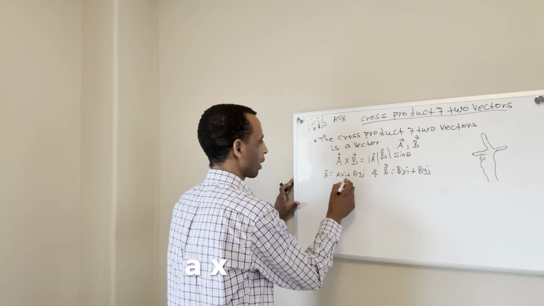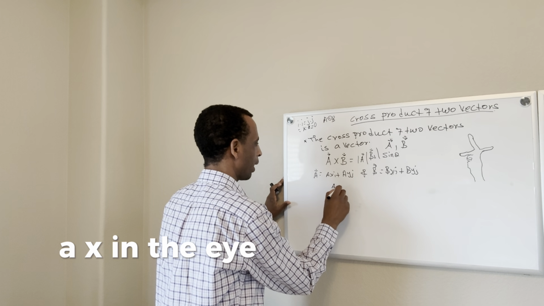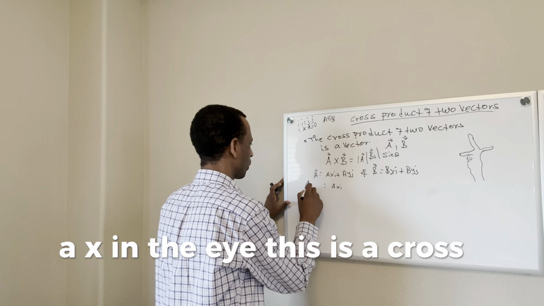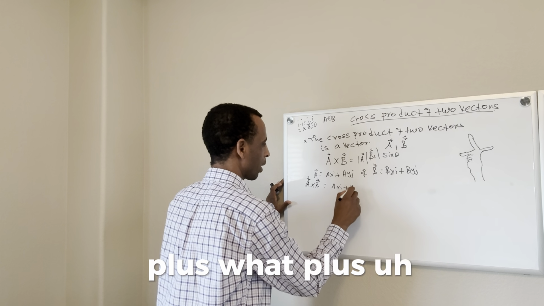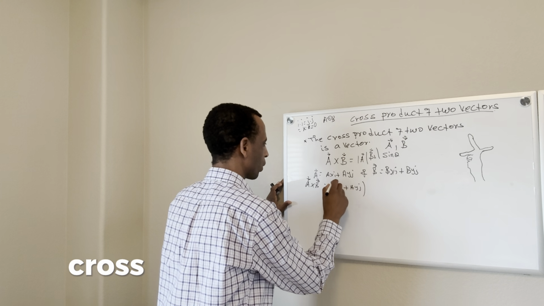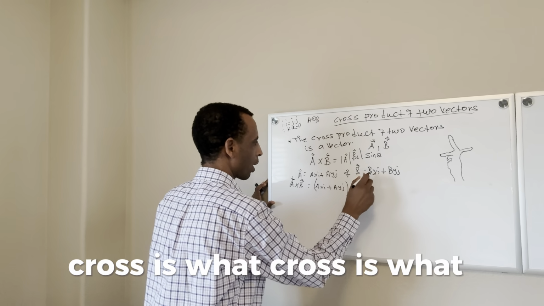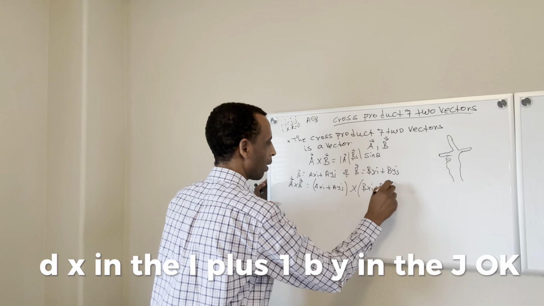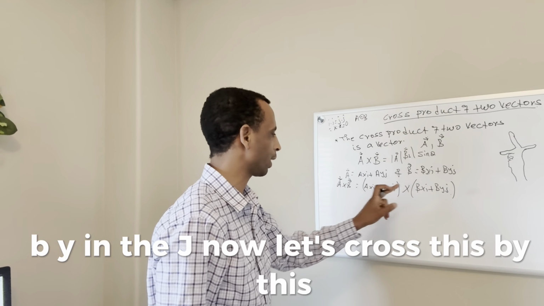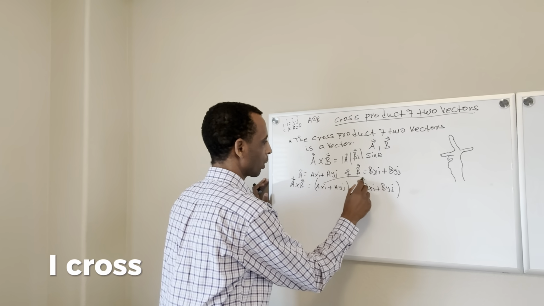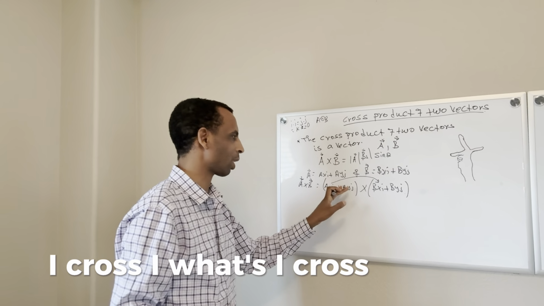Now, A cross B equals Ax i plus Ay j, crossed with Bx i plus By j. Let's cross term by term. What's i cross i?